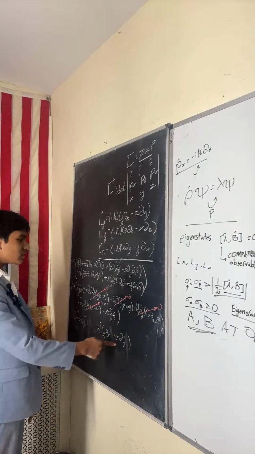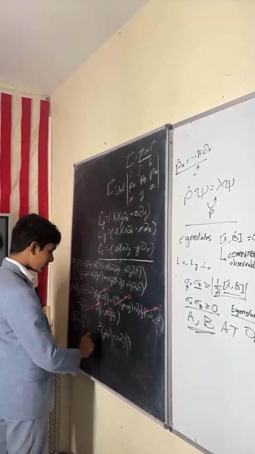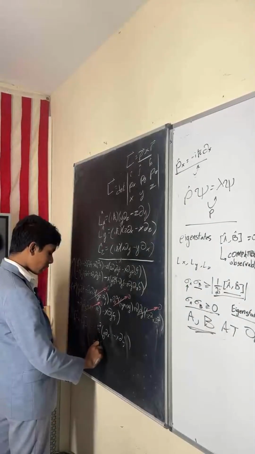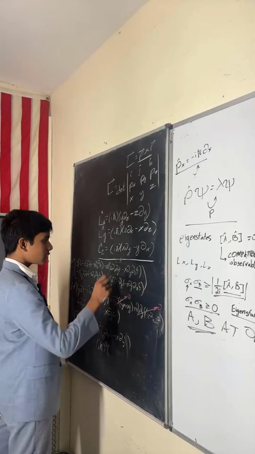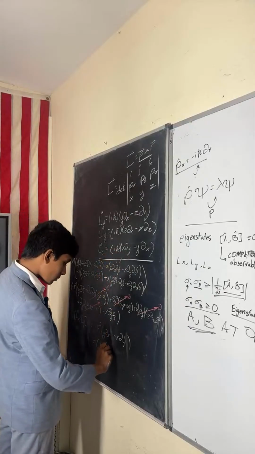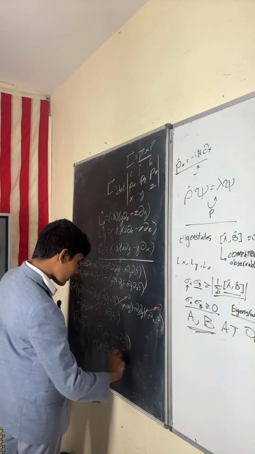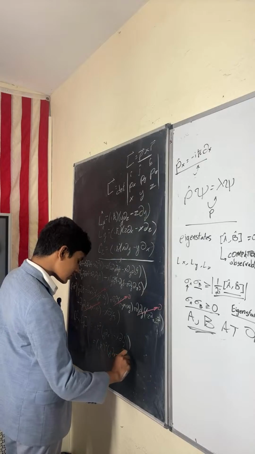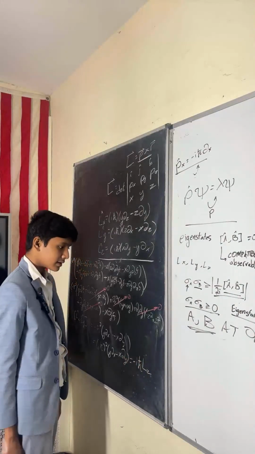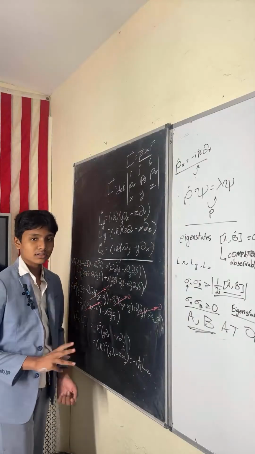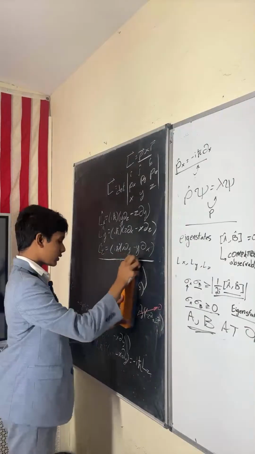Hey, wait a minute, that looks oddly familiar. So we can write this as i h bar multiplied by x partial y minus y partial x, which means that it's just minus i h bar Lz. It's actually supposed to be plus i h bar Lz, but we'll ignore that sign error.